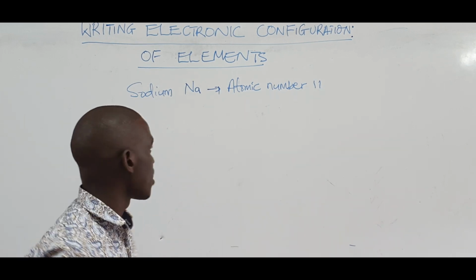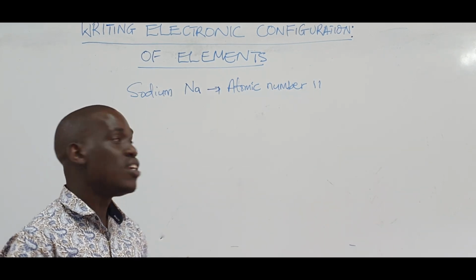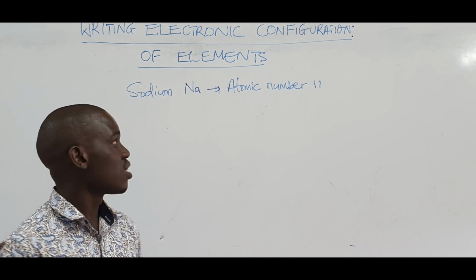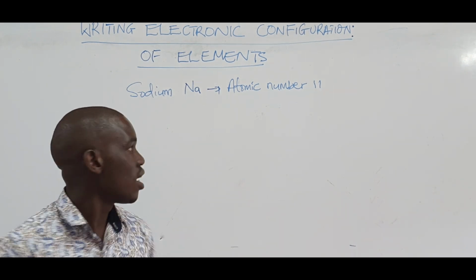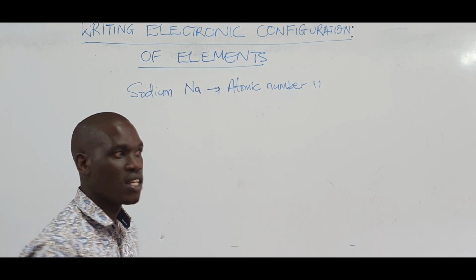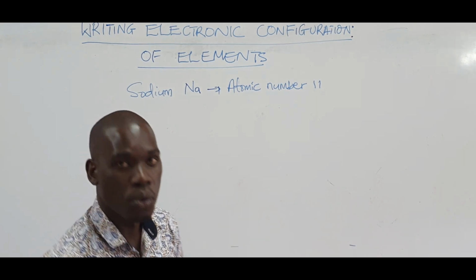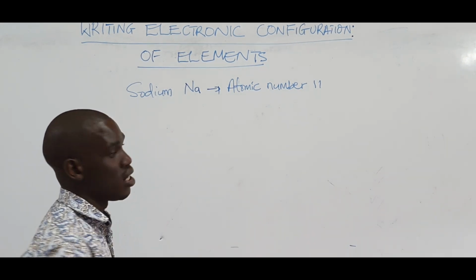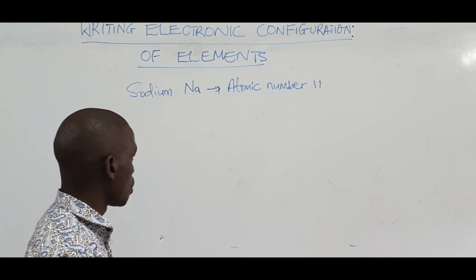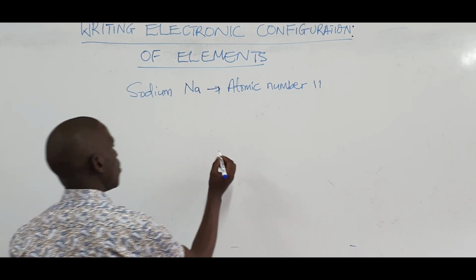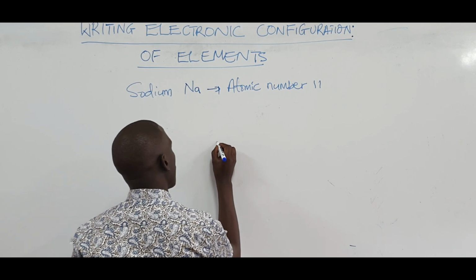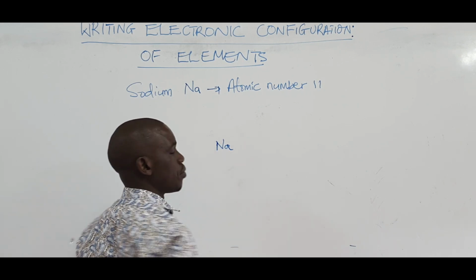And don't forget that atomic number is the same as the number of electrons, and atomic number is defined as the number of protons in the nucleus of an atom. So we shall have the atom for sodium.